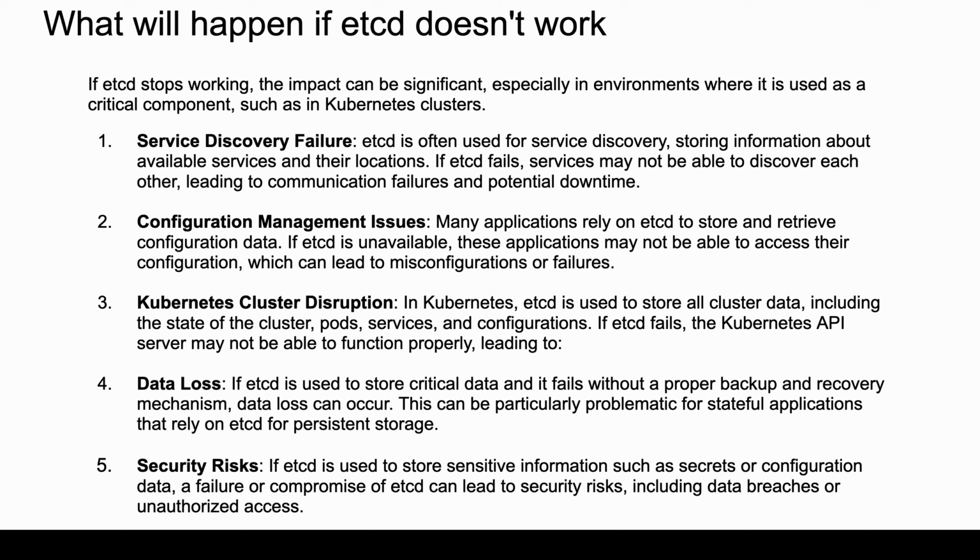After this, we have configuration management issues. Many applications rely on etcd to store and retrieve config data. And if etcd is not available, these applications may not be able to access their configuration, which can lead to misconfiguration or failure of those applications.